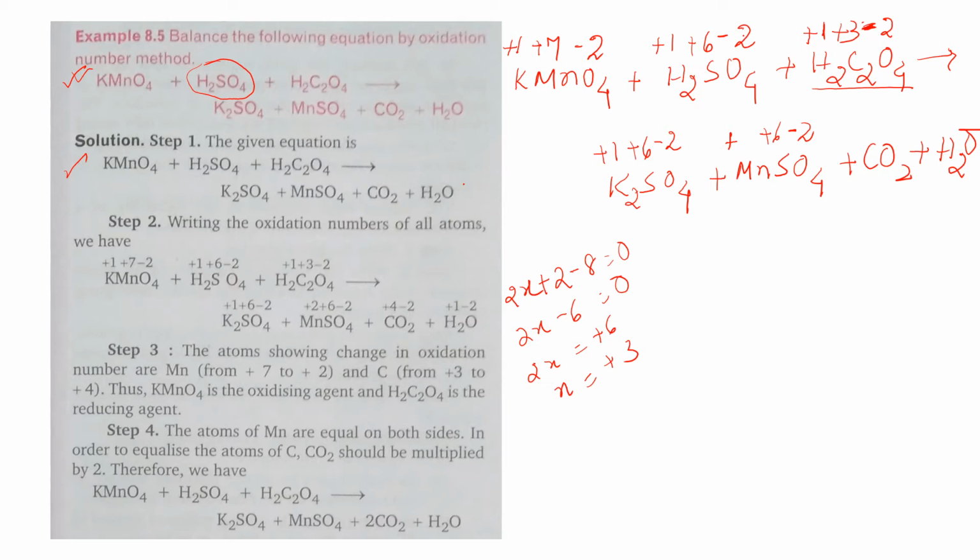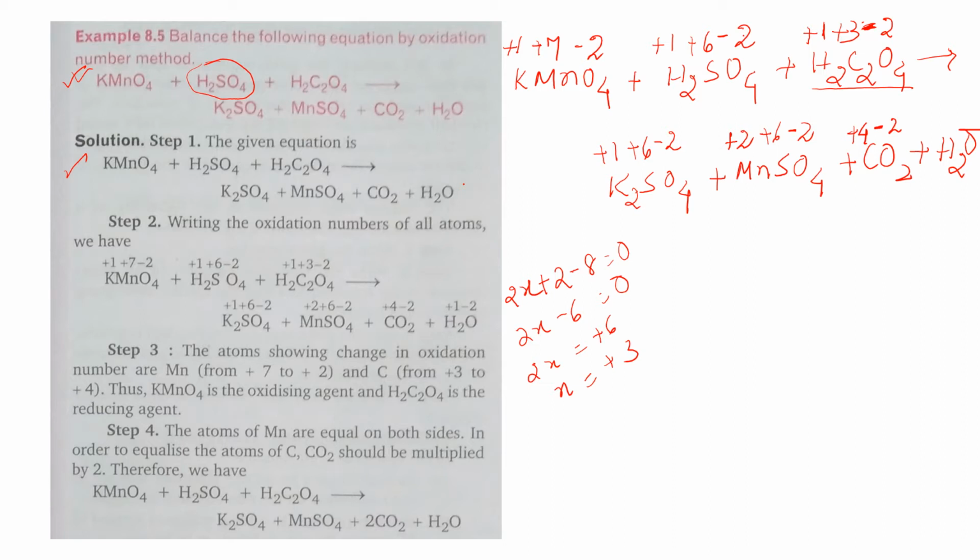CO2: oxygen is -2, that means -4, so carbon will be +4. And H2O you need not write, because you know that H2O is 0, so you need not write it.